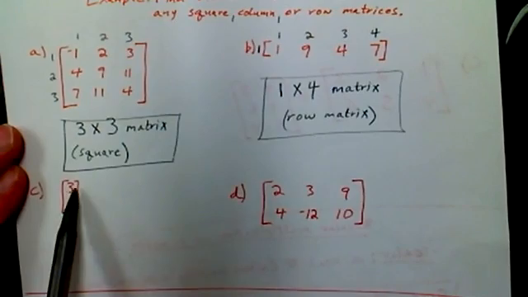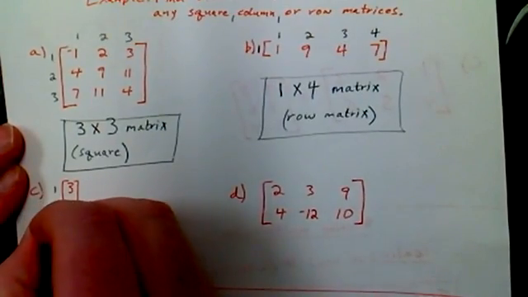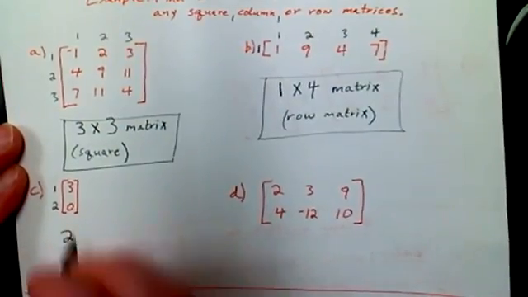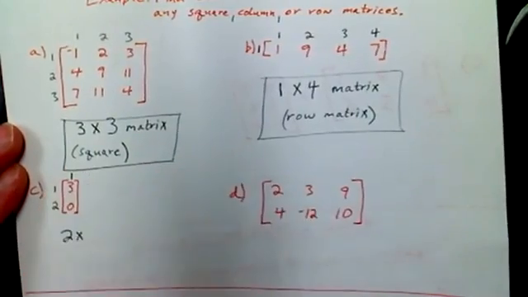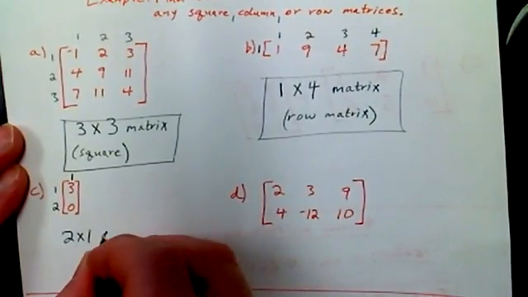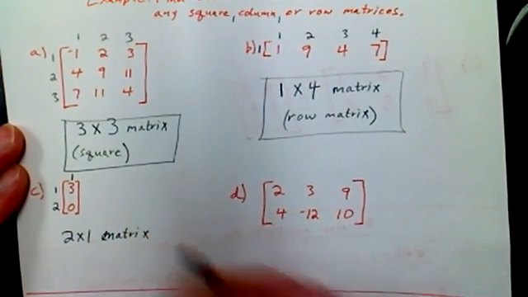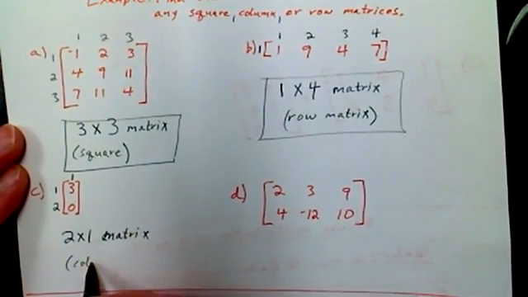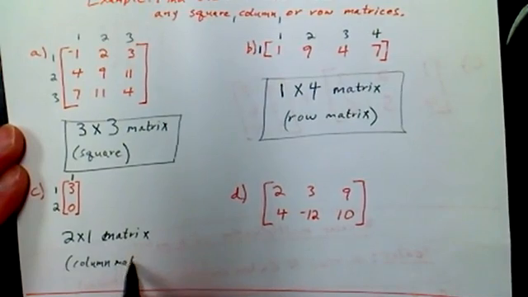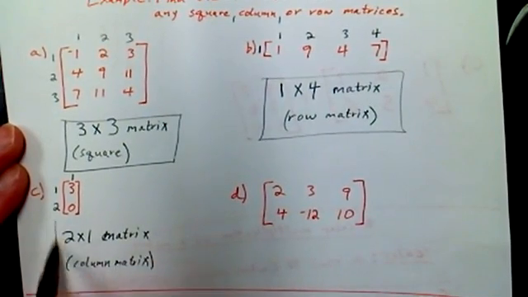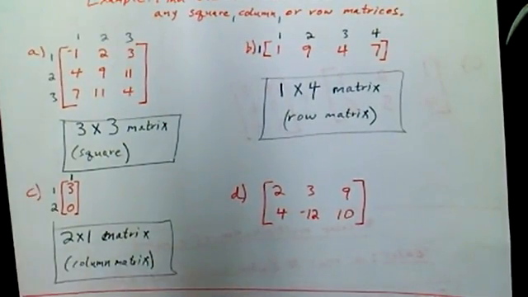If I look at this one, I have 1, 2 rows by 1 column. So this is a 2 by 1 matrix. And of course, we can also call it a column matrix. So you do want to be familiar with this sort of terminology here.